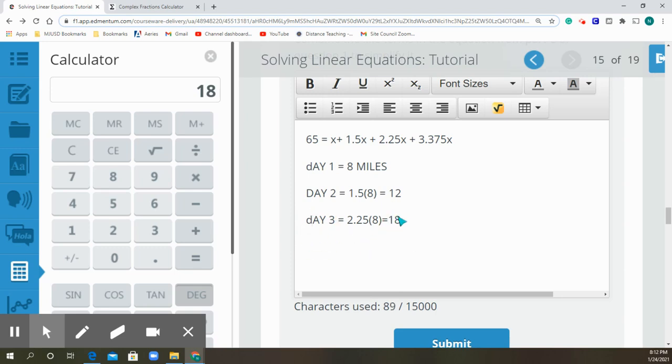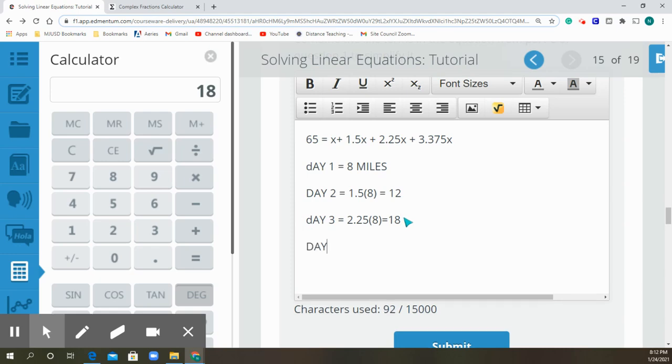And finally, day 4 equals 3.375 multiplied by 8, which equals 27.